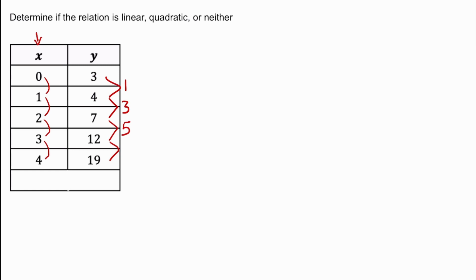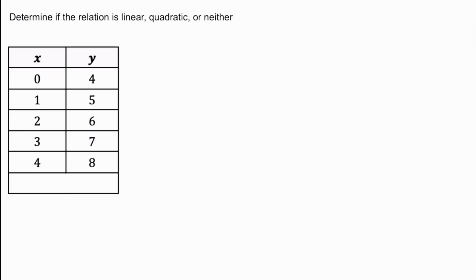And 19 minus 12 is 7. Looking at these values, they're not all equal, so it's not linear. So let's look at the second differences. 3 minus 1 is 2. 5 minus 3 is 2. And 7 minus 5 is 2. These values are all equal, so it is quadratic.